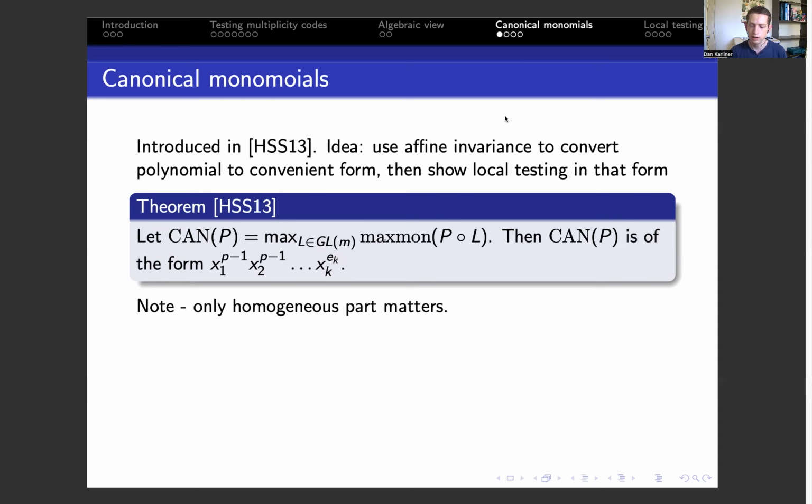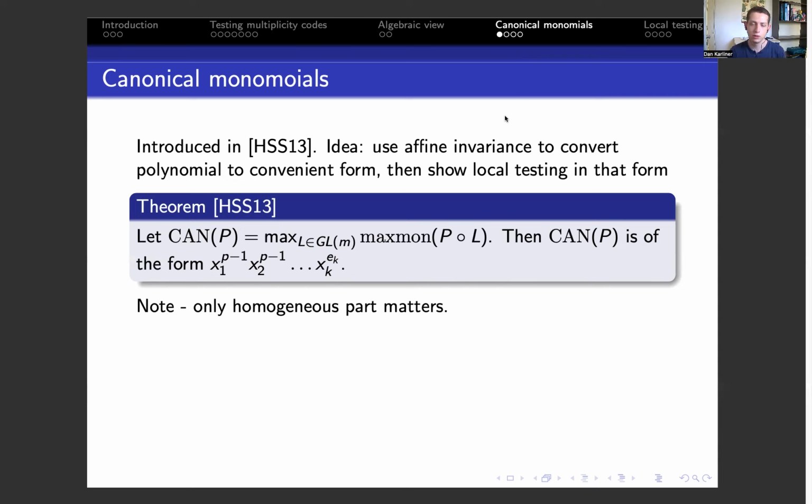So basically, it's the highest monomial we could see, according to the degree-lexicographic ordering or something, in all polynomials achievable by taking our polynomial and composing it with a linear map. What they show in their paper is that there's basically only one possible form for these polynomials in the prime field case, which is x1 to the p minus 1, x2 to the p minus 1, and so on until just the last variable gets whatever is left of the degree.